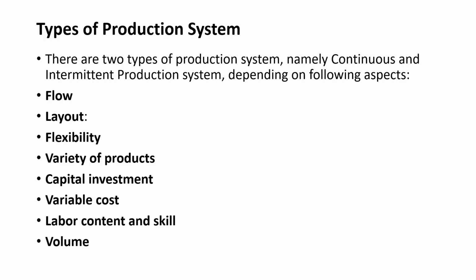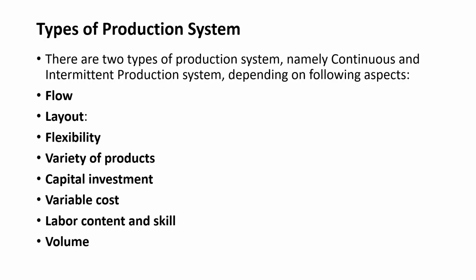But in case of process layout, the workers have to be highly skilled, because they should have the knowledge of which route the inputs are to be passed through so as to produce the outputs. So in process layout, labor content and skill requirement is high, but in product layout, labor content and skill requirement is low.